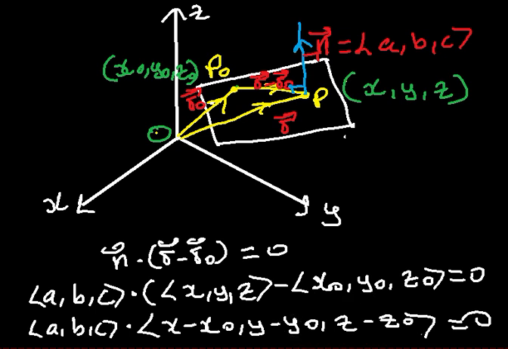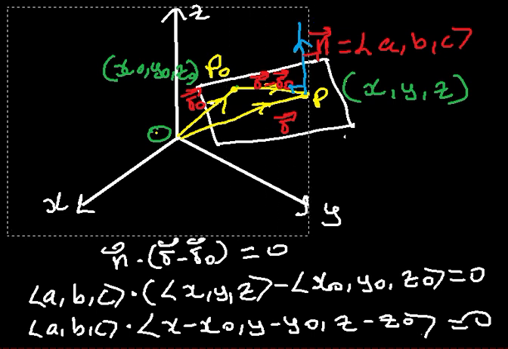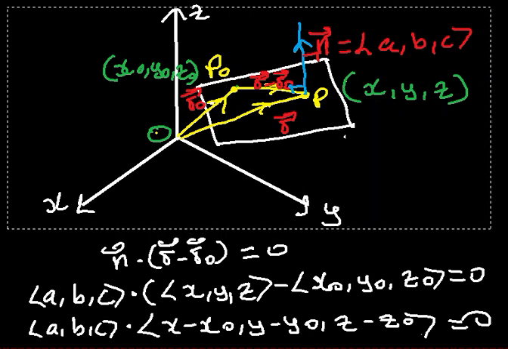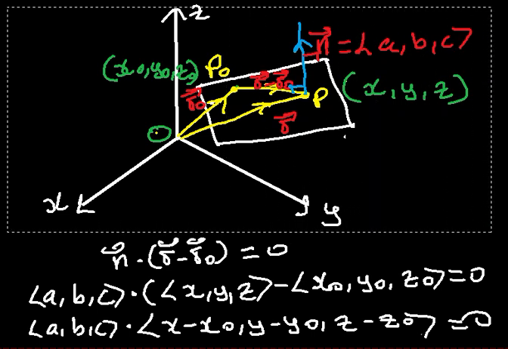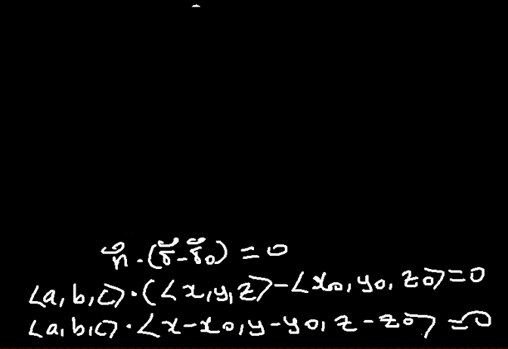Now, apart from having the vector equation of a plane, we can also express the equation of a plane in the form of a scalar value. So there are three ways in which the equation of a plane can be expressed. We have what you call the vector equation, and also the scalar equation. So what is a scalar equation?